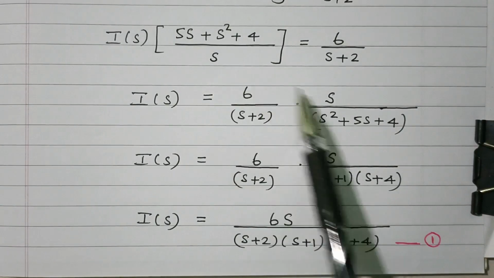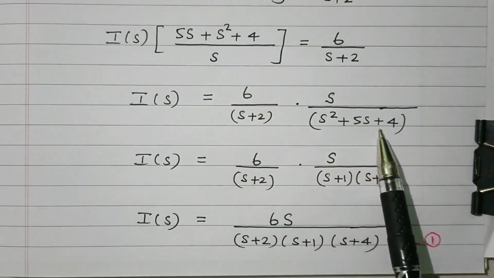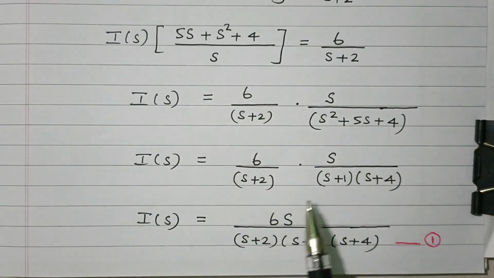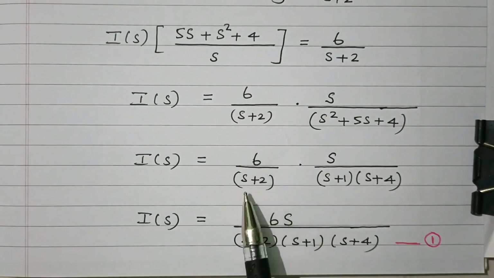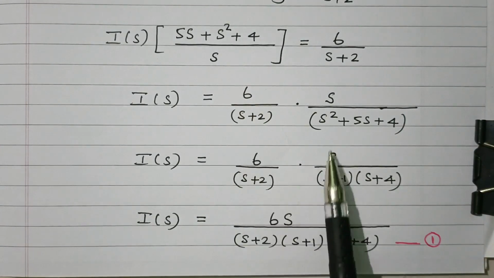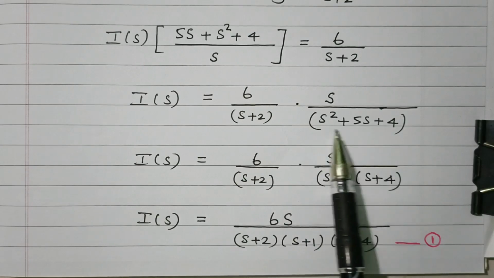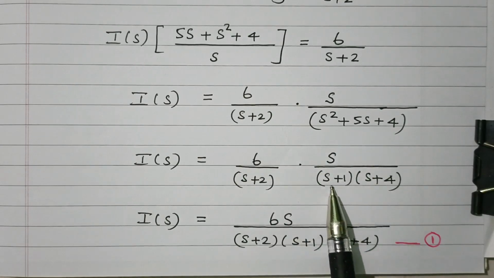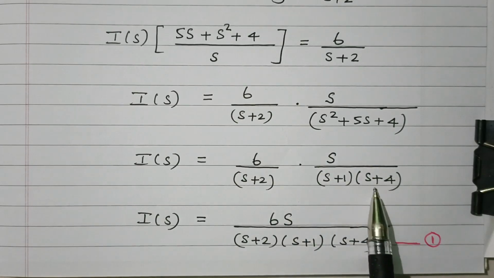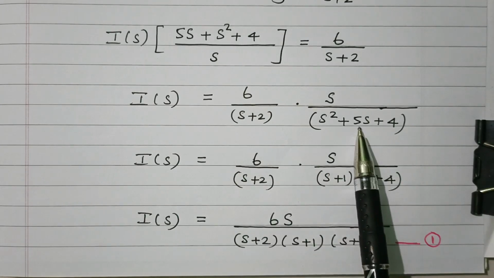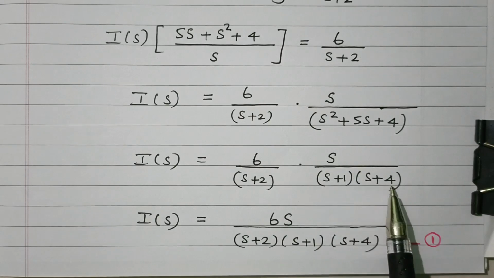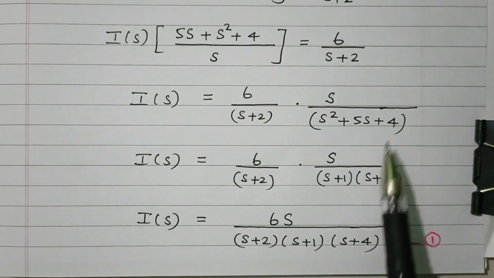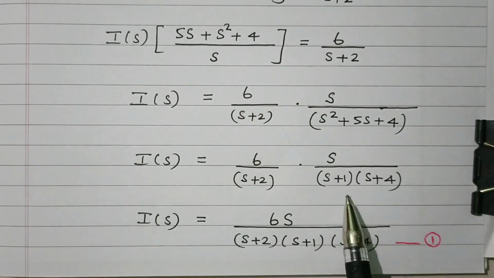So it is written as s divided by s square plus 5s plus 4, these two terms available, and 6 divided by s plus 2. This quadratic equation can be written as s plus 1 times s plus 4, right? If we add these two, it gives the coefficient of s. If we multiply these two, it gives the constant.